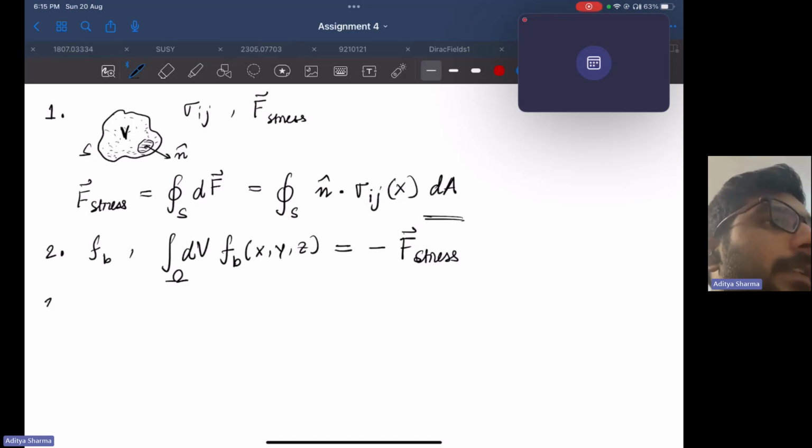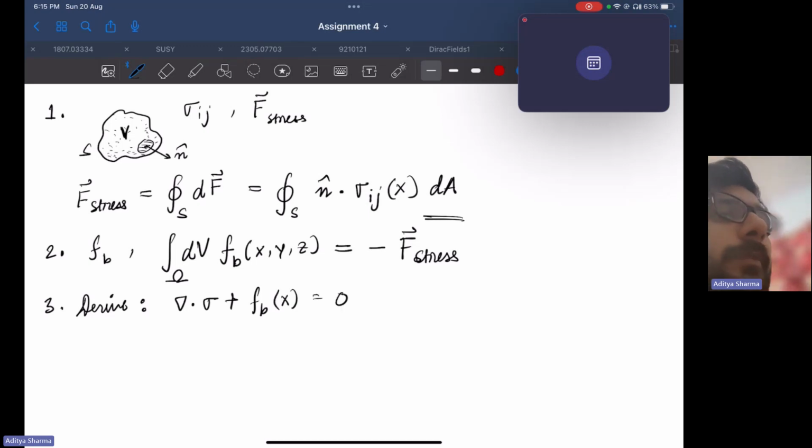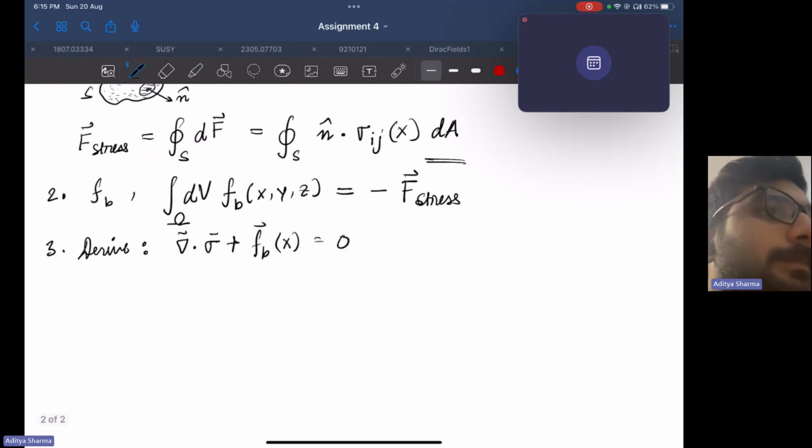Now the third question is to derive del dot sigma plus F_B equal to 0 from this equation. This can be done as follows.